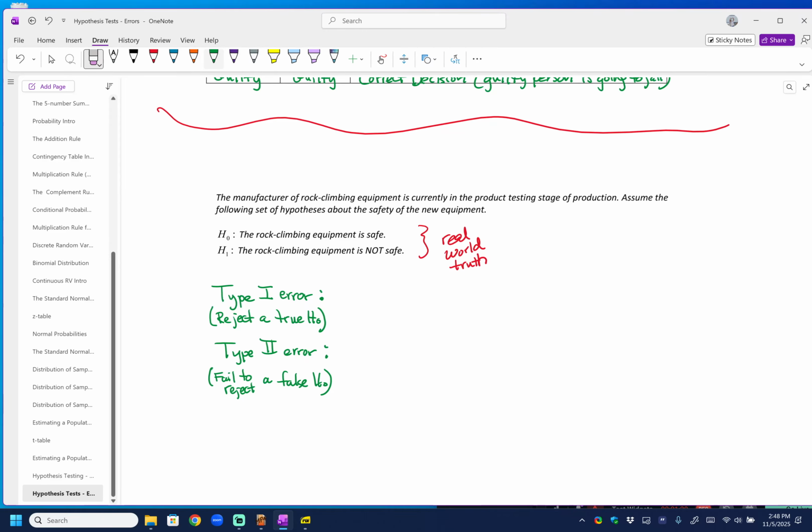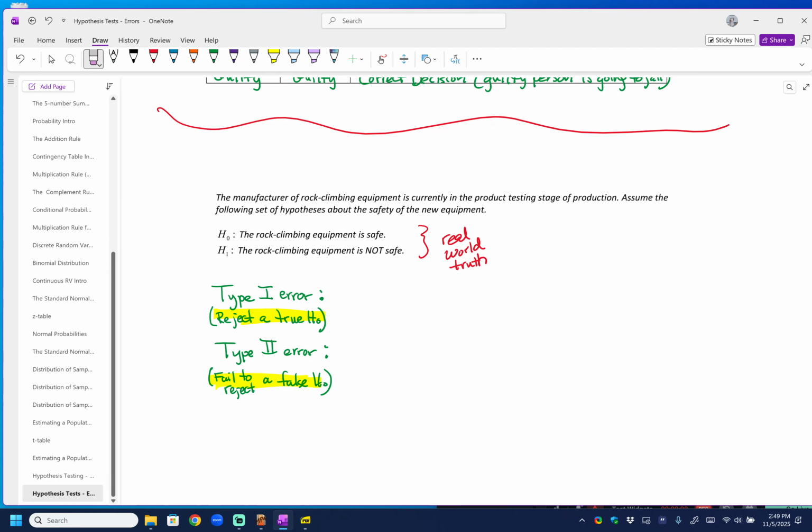So my suggestion is to basically memorize these two statements so that you know what a type 1 and 2 error is. Then what we're going to be doing in the problems themselves is putting these statements in context with the null and alternative hypothesis. So how do we do that? Well, let's look at the type 1. My suggestion is to always start with the true nature of the null hypothesis.